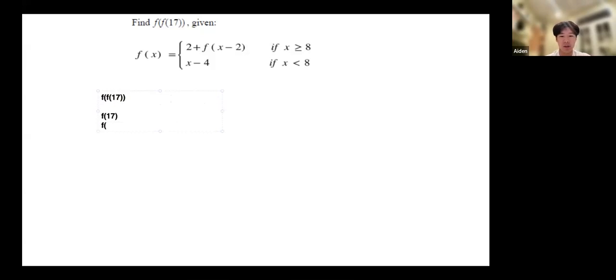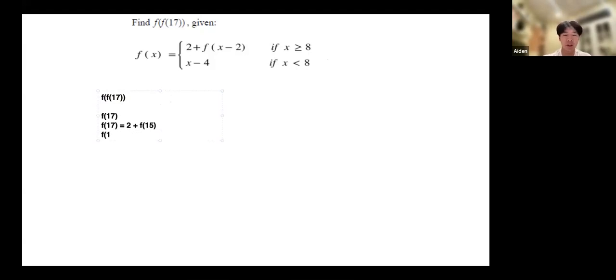If we look at our cases, if x is greater than or equal to 8, we follow the top case. So f of 17 is equal to 2 plus f of 17 minus 2, which is 15.